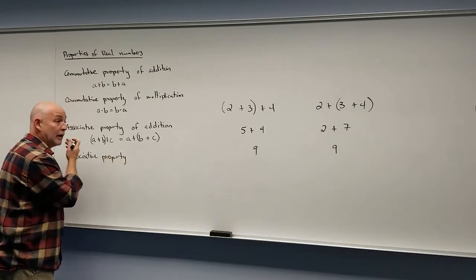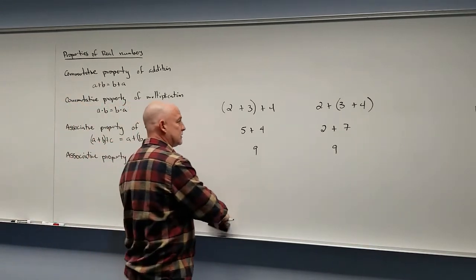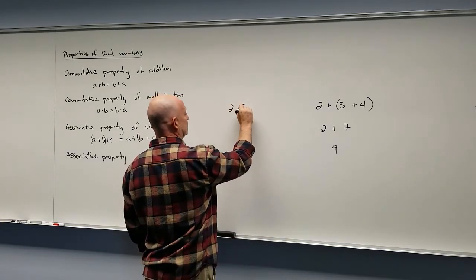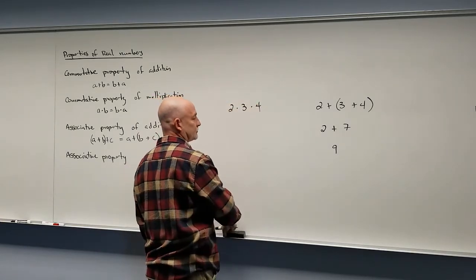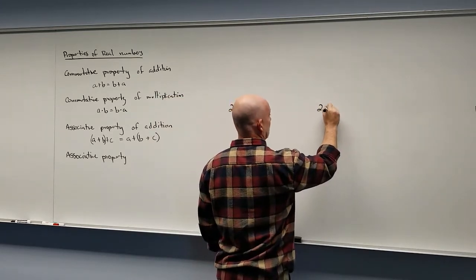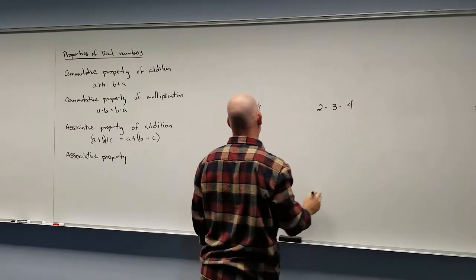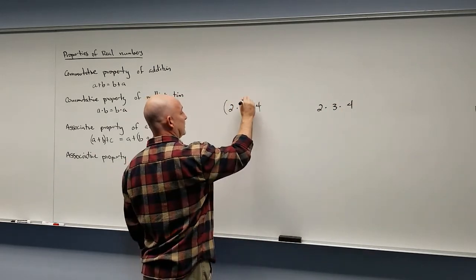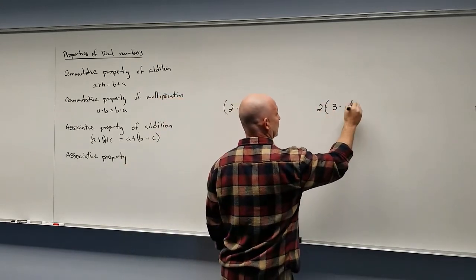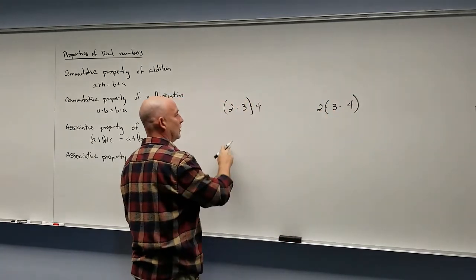Well, yeah. And it's one that you would think. What if I said 2 times 3 times 4? Well, if I did the 2 times the 3 first, and then multiplied by the 4, or if I did the 3 times the 4, then multiplied by 2.